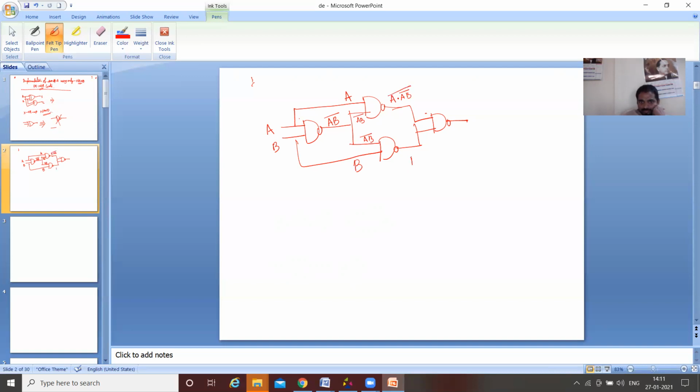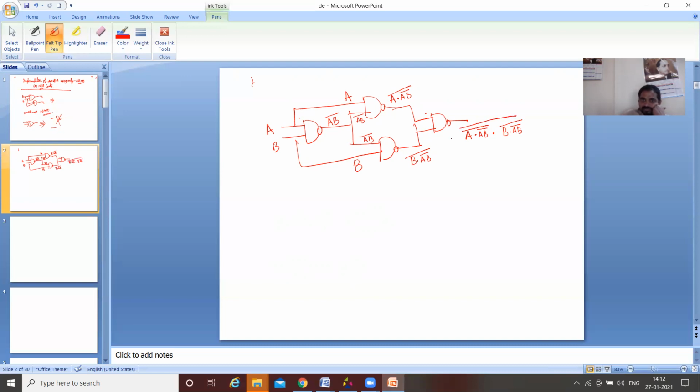Here also B dot AB whole bar, and these two act as inputs. Now the output of this NAND gate is A dot AB whole bar dot B dot AB whole bar, and these two are inputs with one complement.